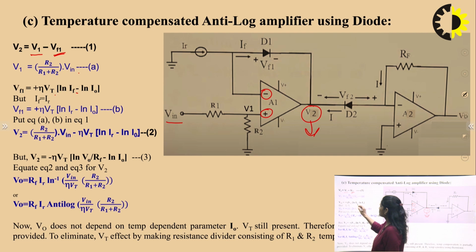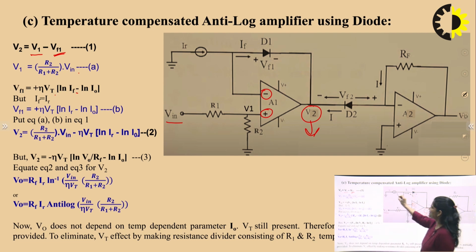And If is equal to, here in the circuit diagram you can see the IR current is equal to the If current, because Ib is nearly equal to 0 due to the virtual ground concept. Here Va is 0 and Ib, the internal base current of this operational amplifier, is nearly 0.